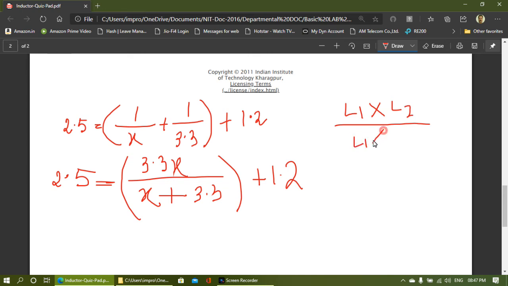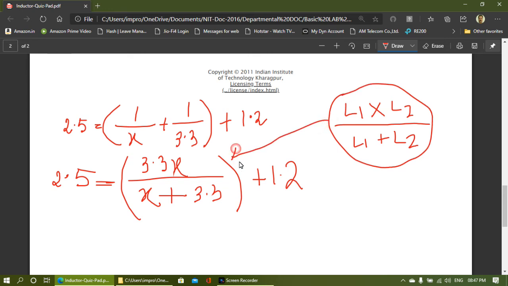L1 into L2 divided by L1 plus L2. Okay, so by this formula we'll get this from this.